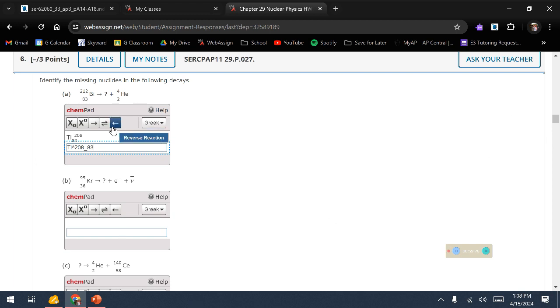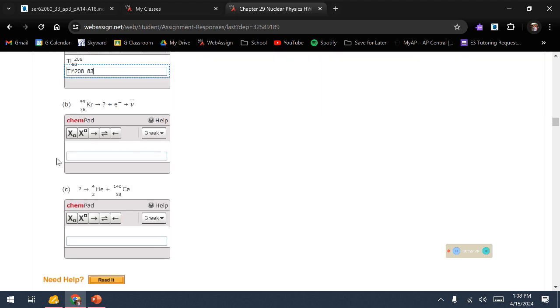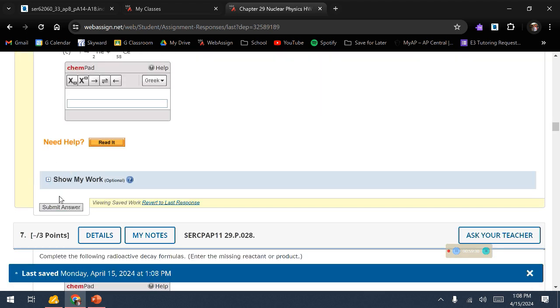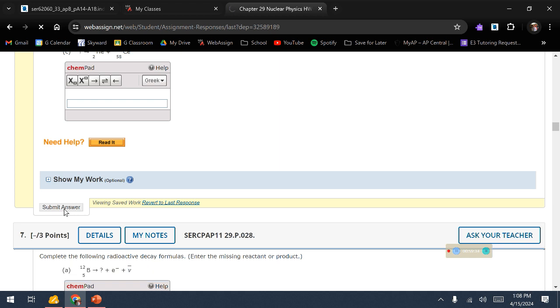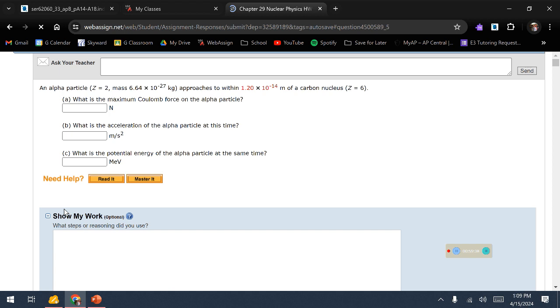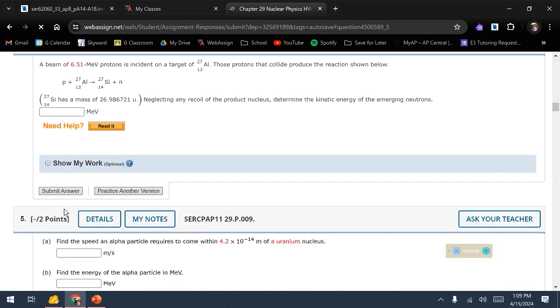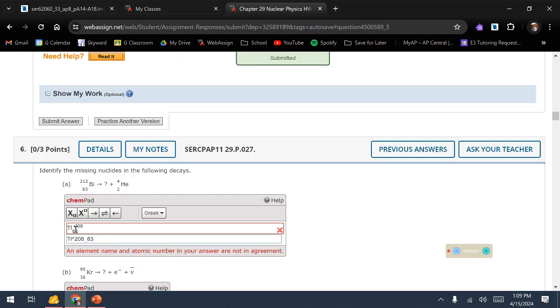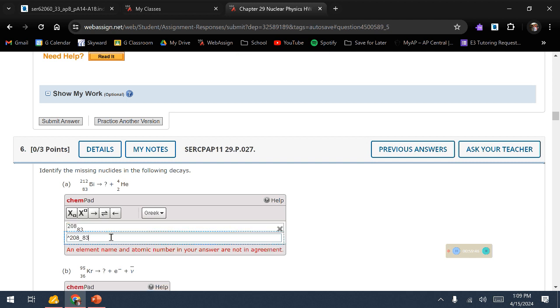Let's check. It might need to be in front. No, I didn't put it right. So I think it just needs to be in front. Underscore first. Yeah, because it's literally going to do what I just typed in.